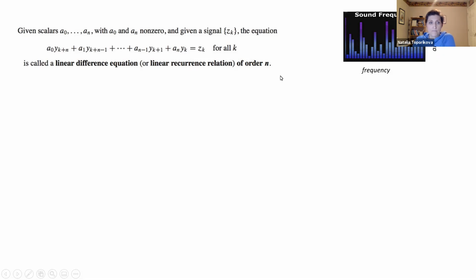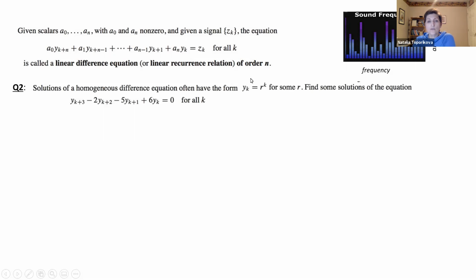Okay, let's practice a little bit more with this notation and try to solve this kind of equation. We are given an equation and we would like to solve it. We are given this homogeneous difference equation. The easiest way to solve it is to try a substitution: y_k is equal to r, some number, to the power k.